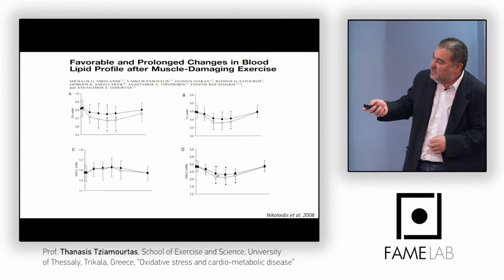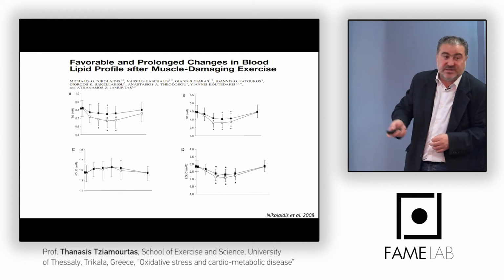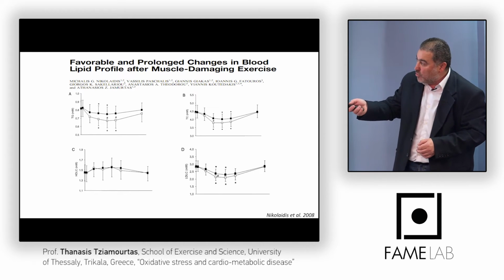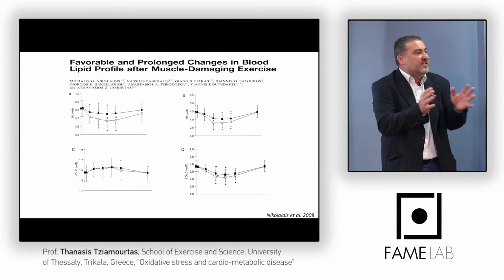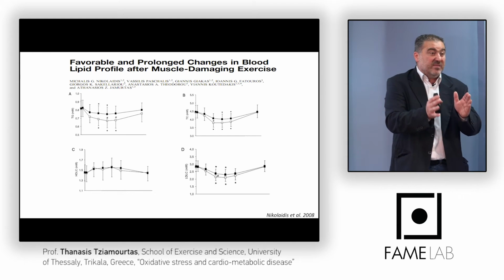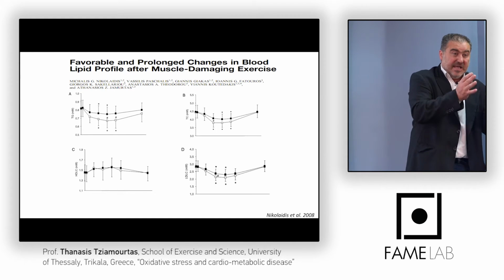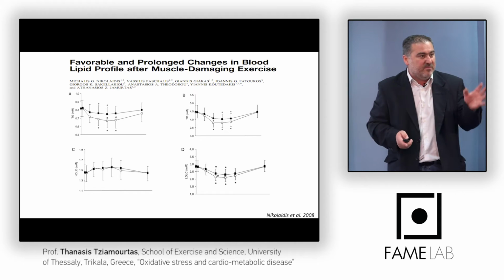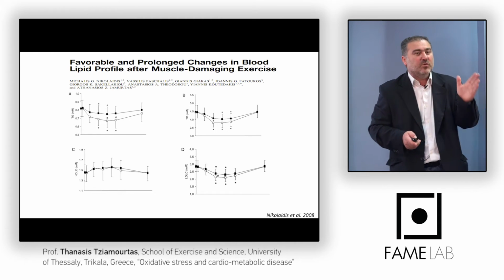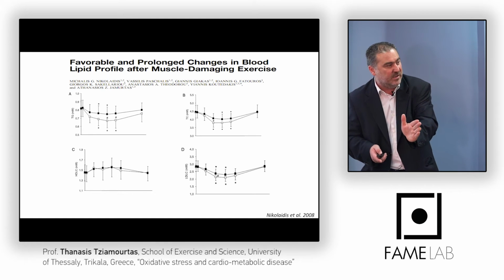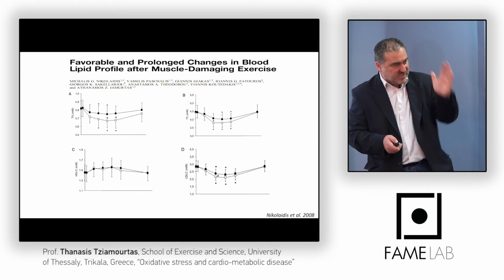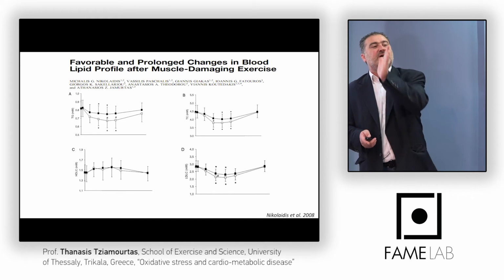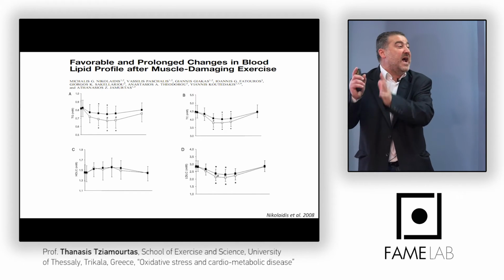For example, triglycerides 2, 3, and 4 days following the end of the exercise session were lower. And if I do an association with the muscle damage being present and oxidative stress, I'm going to see a good correlation. When less muscle damage is present, I'm going to have less oxidative stress, and I'm going to have less lipids. Why is this?